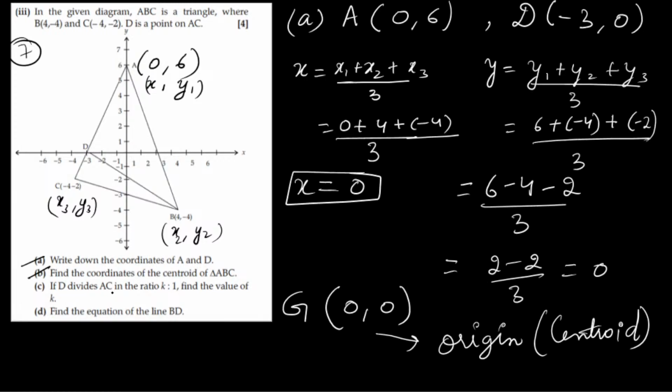If D divides line AC, so AC is this line here, this side, and D is dividing AC in the ratio K is to 1, find the value of K. D's coordinates we already know.